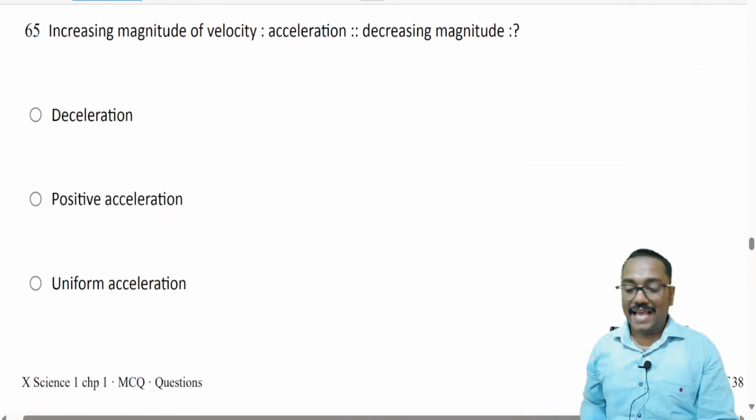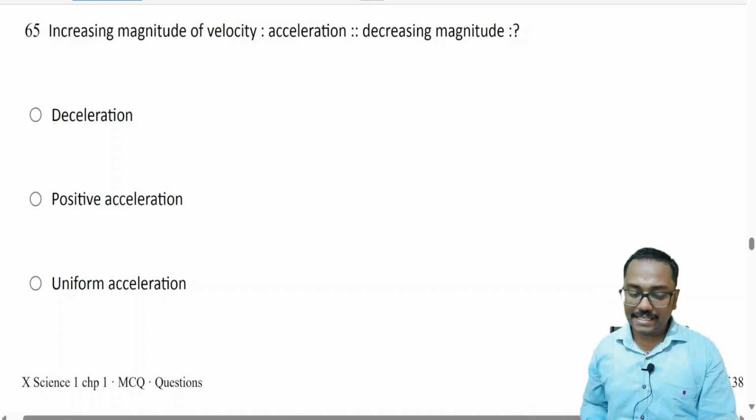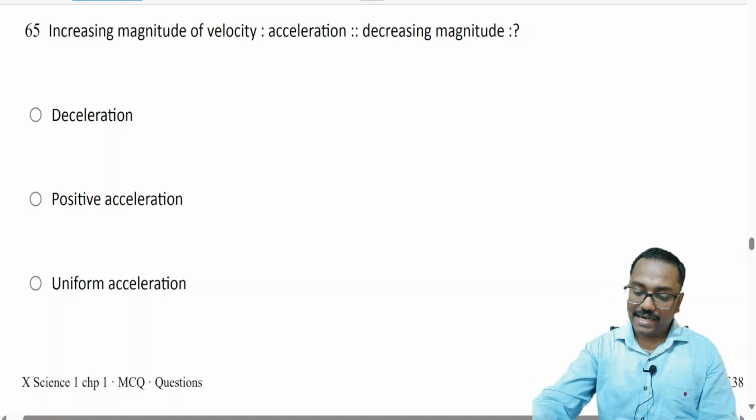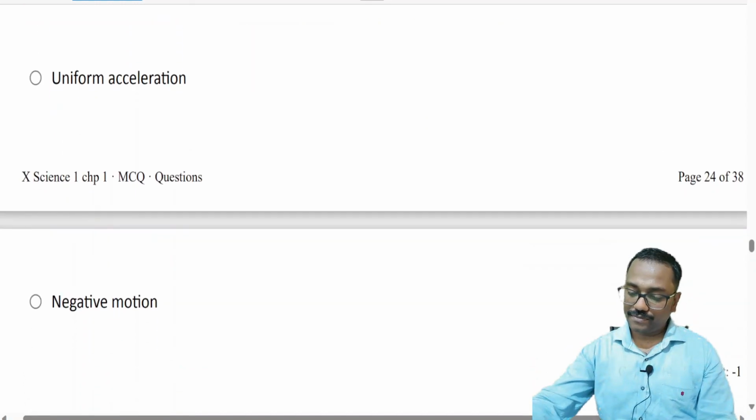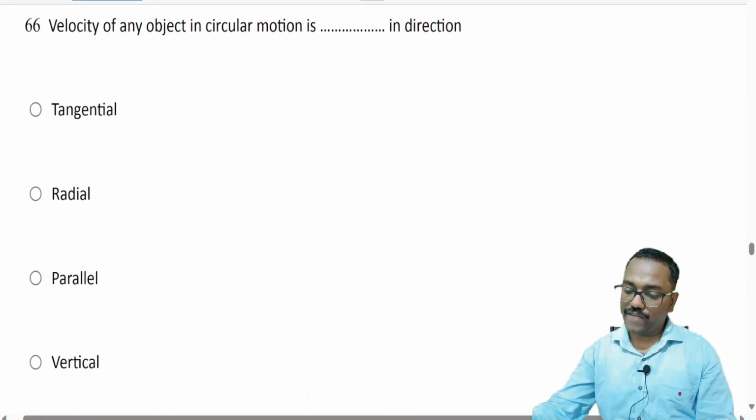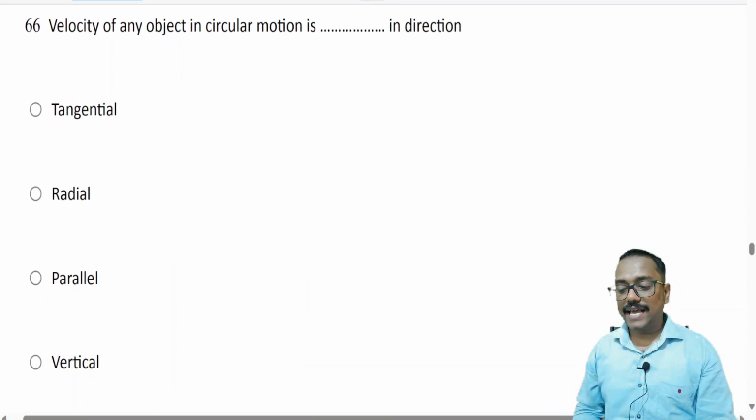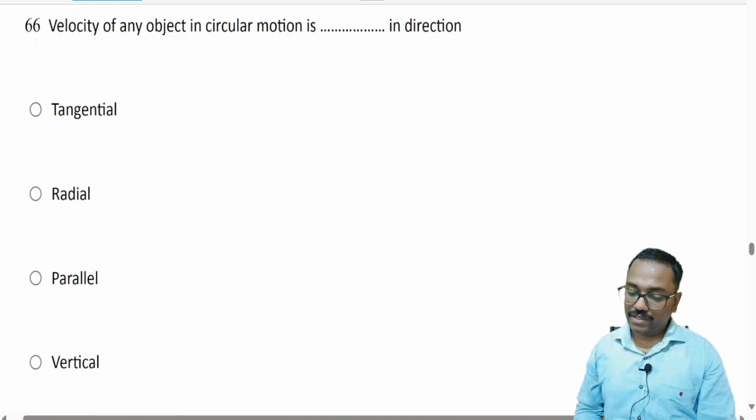65th question, increasing magnitude of velocity is acceleration, then decreasing magnitude, it is deceleration. Next, 66th question, velocity of any object in circular motion is dash in direction: tangential, radial, parallel, vertical.